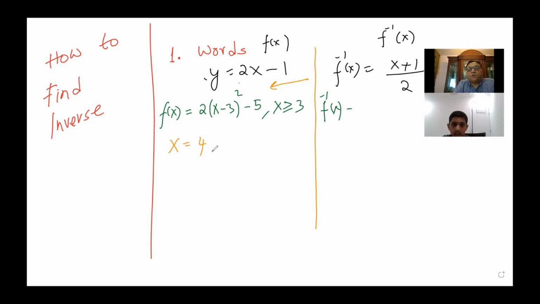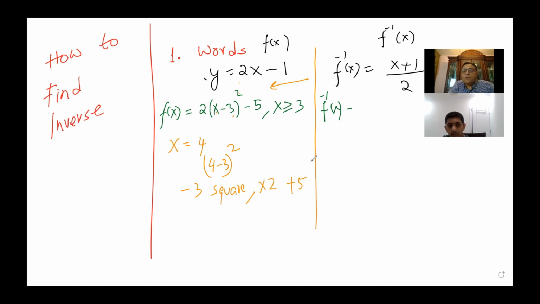I will first put 4 in the position of x, and then I will calculate 4 minus 3 and then square. First I take away 3, and then I square. And then I multiply by 2. And then I subtract 5. Is that clear to you?